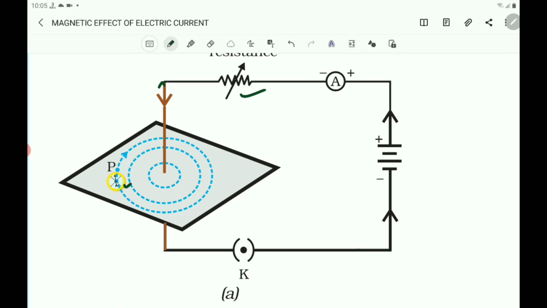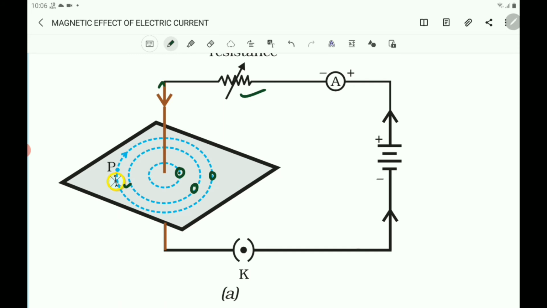That is directly proportional. And one more thing you can observe here: change the place of the compass needle. First you keep it nearer, and next you keep it further, and change the distance of keeping the compass needle. What you can observe here is that the deflection changes.